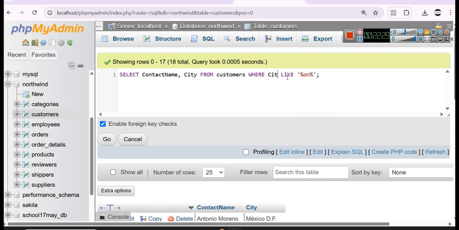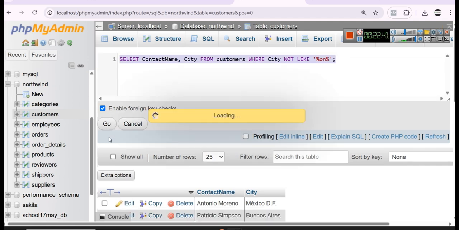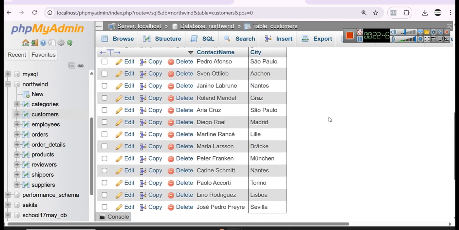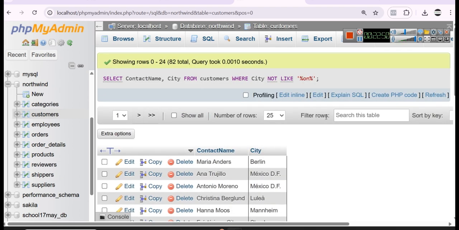So if I write city not like ON, here we are writing the city is not like ON. So in that case, you will get all those cities which do not have the combination ON somewhere.